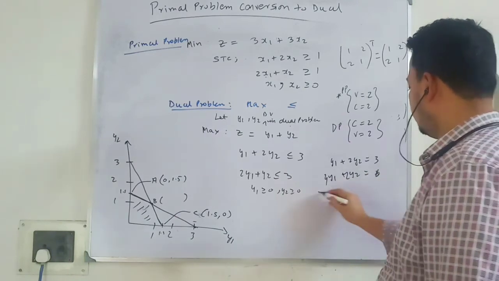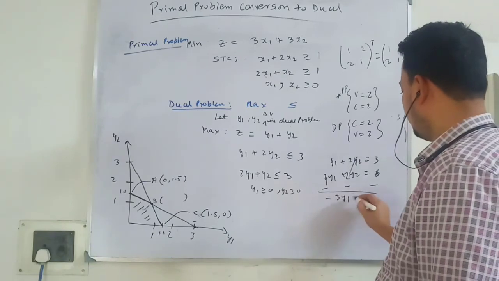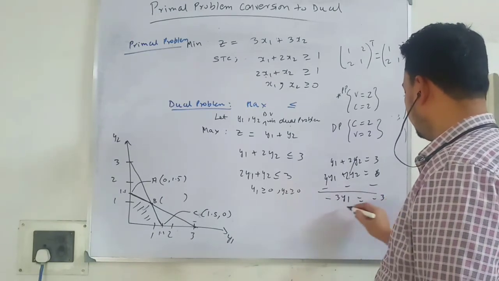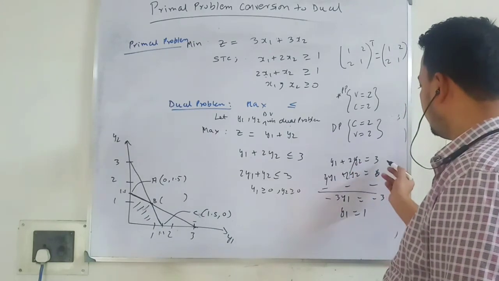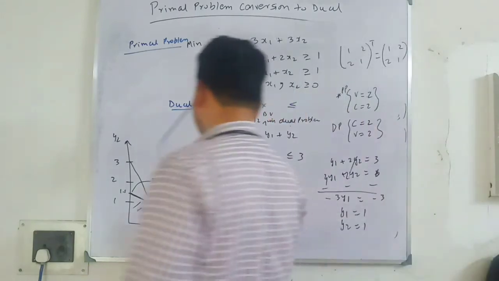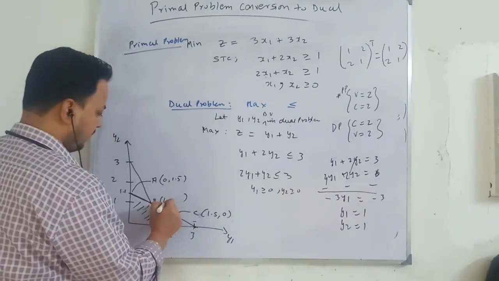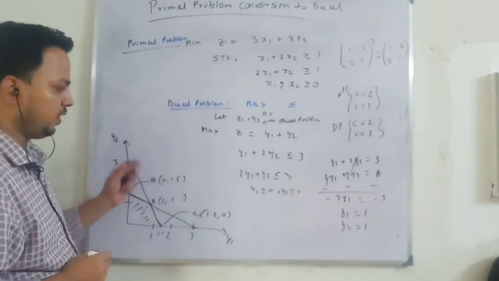And I subtract both equations. So it will cancel out. It will be minus 3y1 equal to minus 3. So y1 equal to 1. So I place the value here, 1, then y2 will be 1. So this point has value of 1, 1. Y1 value will be 1, y2 value will be 1.